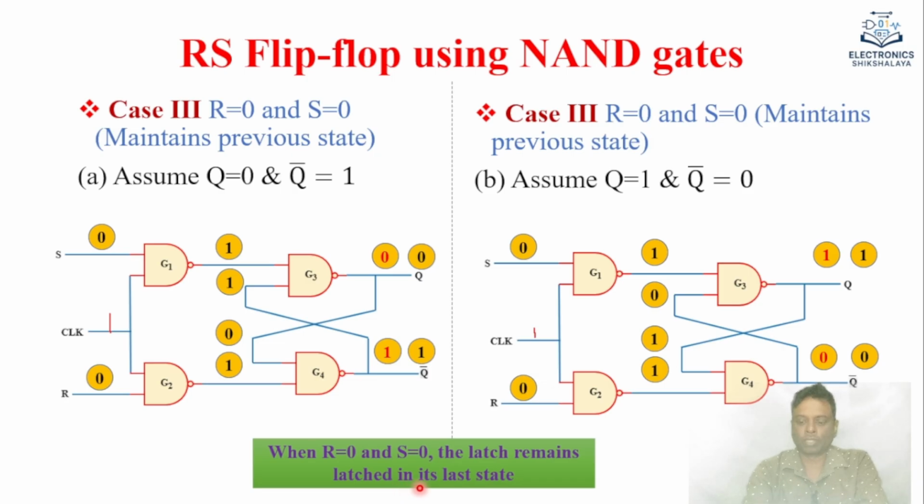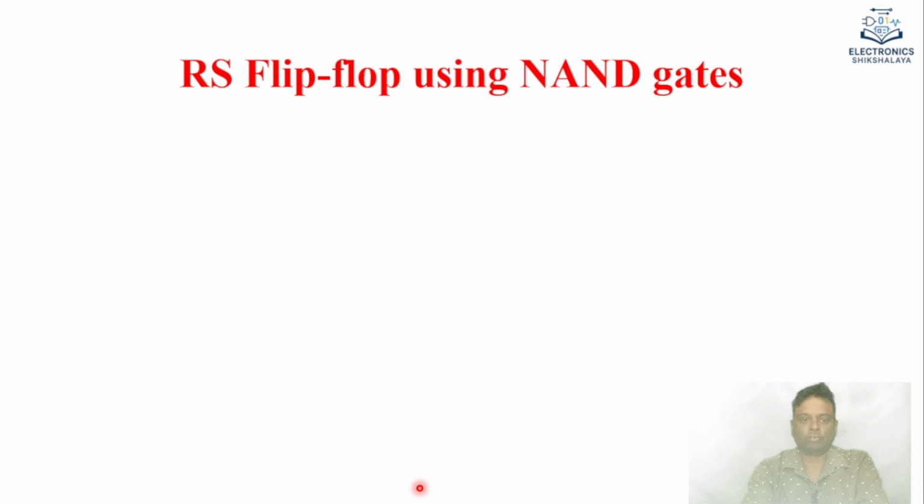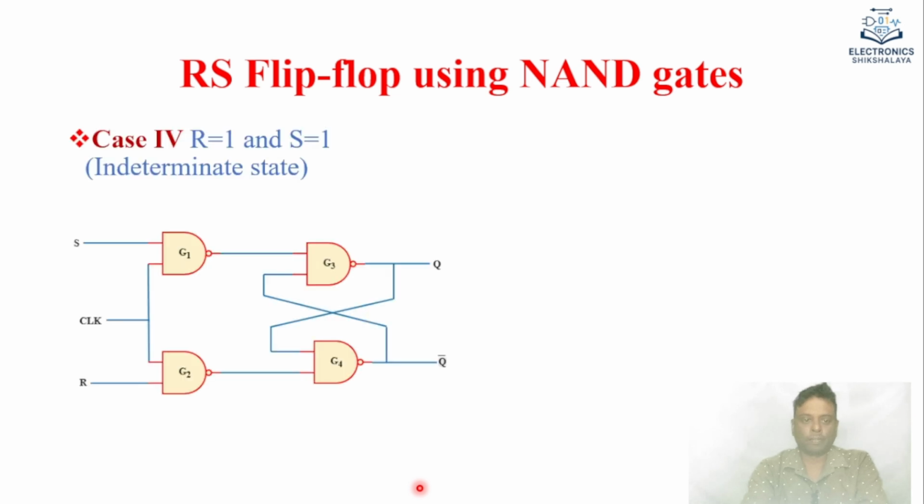So let us get into our last case, case number 4, when both the inputs are 1, 1. The clock is equal to 1. So the G1 output equal to 0.